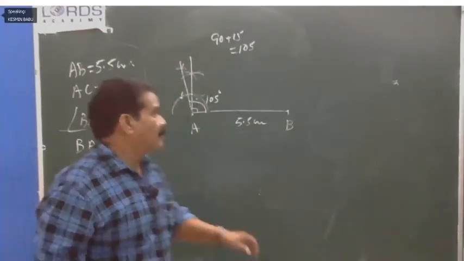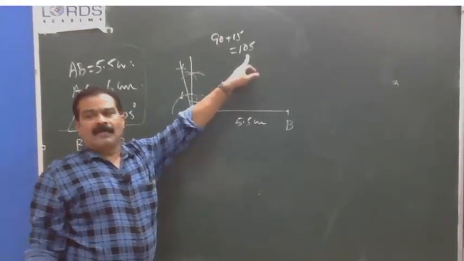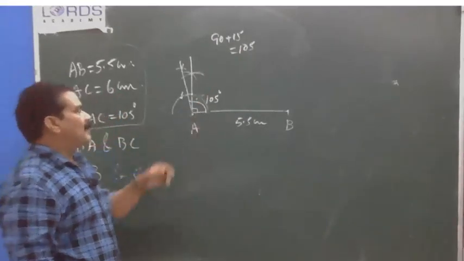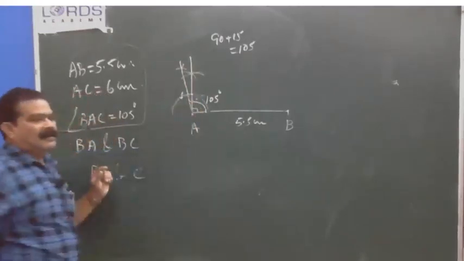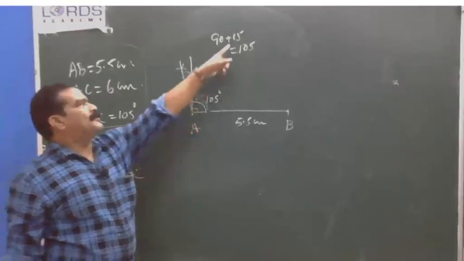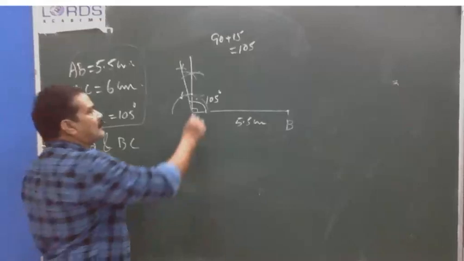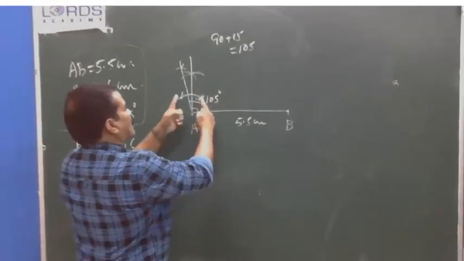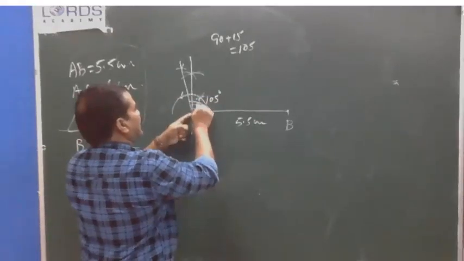One more time, I will explain. How will you get 105 using only the compass? First of all, you construct 90. Then 90 plus 15 will be 105. Here you can see this is 60, this is 30.